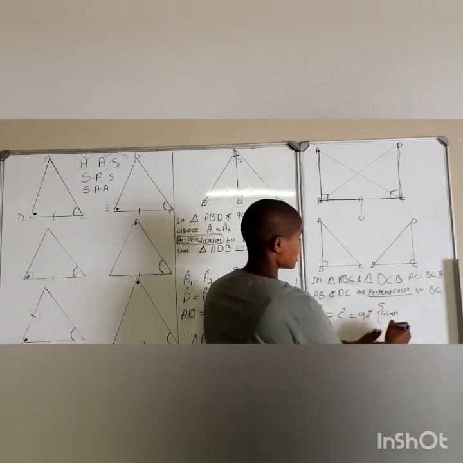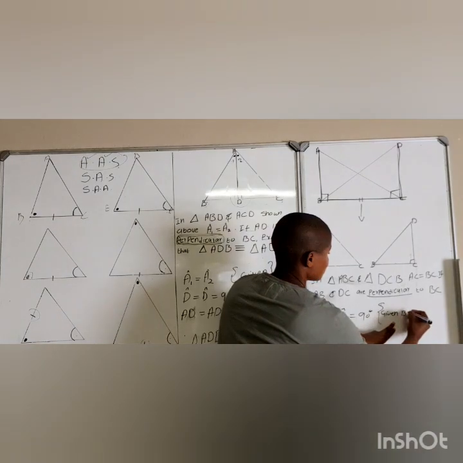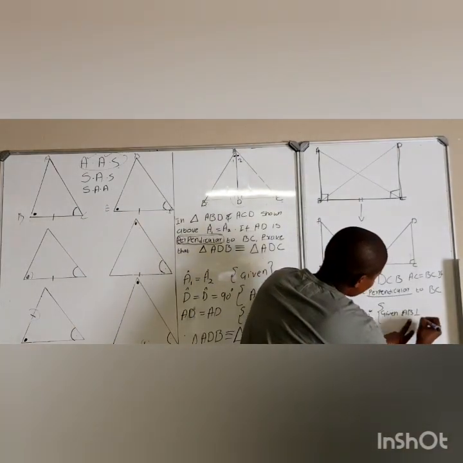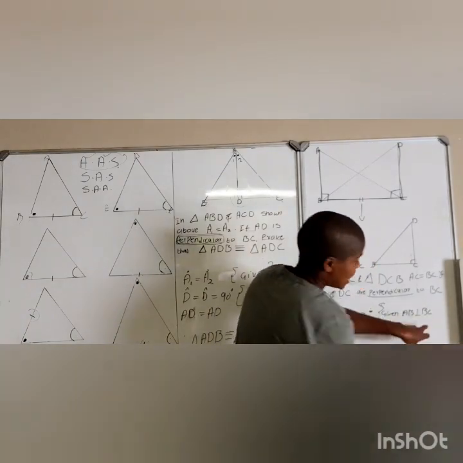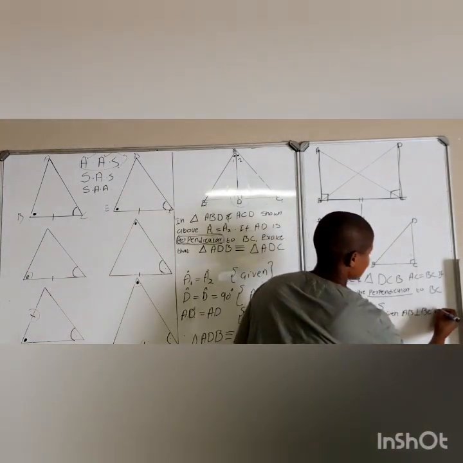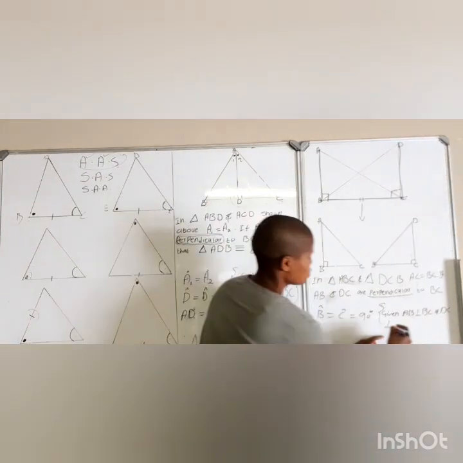It is given, but you can also write that AB is perpendicular to BC and DC is perpendicular to BC.